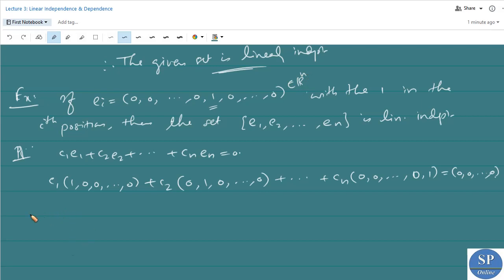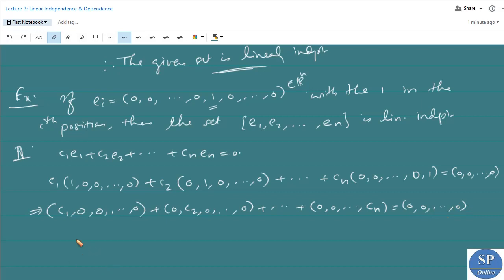Now this implies (c1, 0, 0, etc., 0) plus (0, c2, 0, etc., 0) plus etc. plus (0, 0, etc., cn) is equal to (0, 0, etc., 0).